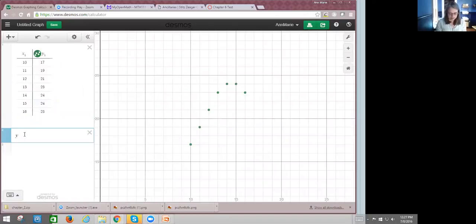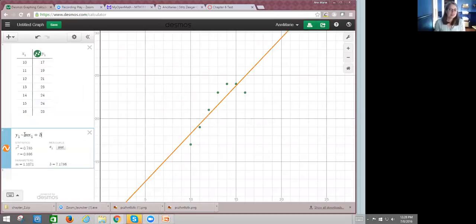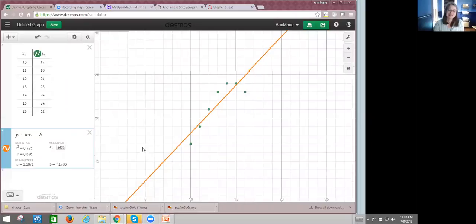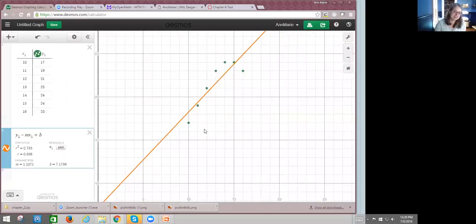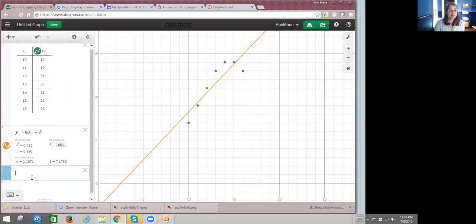If I put in a linear model, yeah, that's not very good. That's not very good at all, is it? What does it kind of look like? It almost looks like part of a parabola, doesn't it? Let's try a parabola.